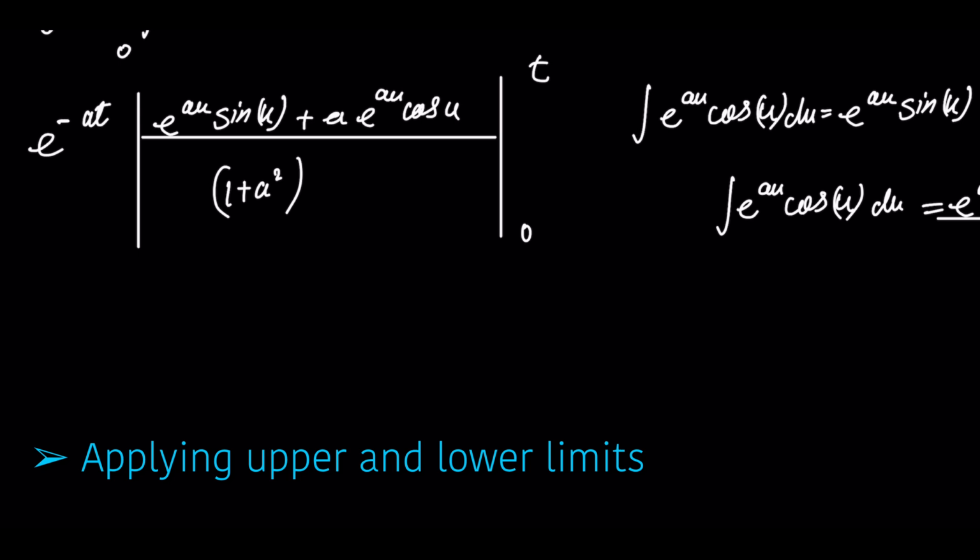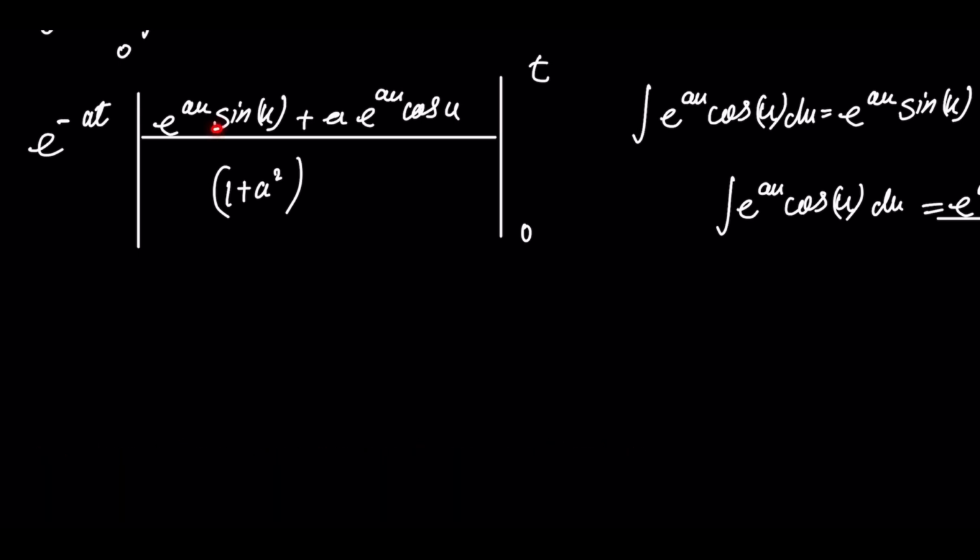When applying the lower limit, we know that this sine of u becomes sine of 0, so this entire term becomes 0. And when applying the lower limit here, this cos of u becomes cos of 0, which becomes 1 here.